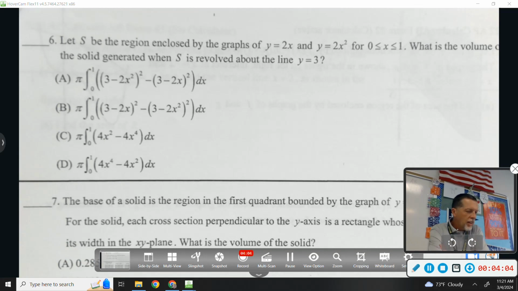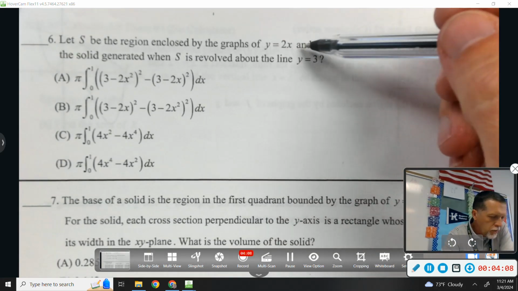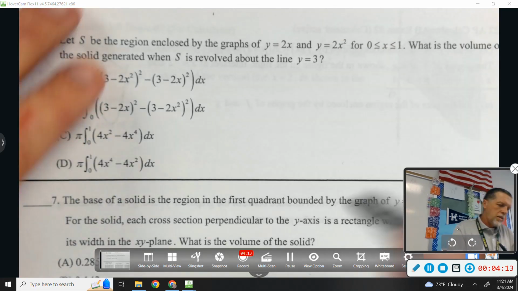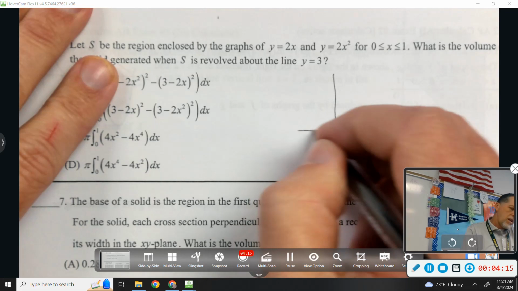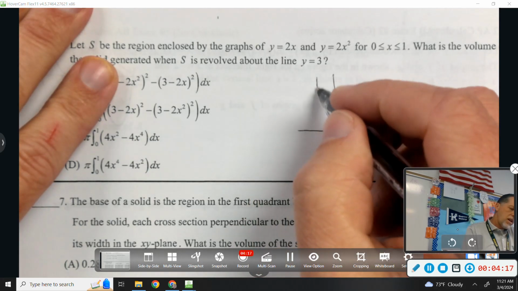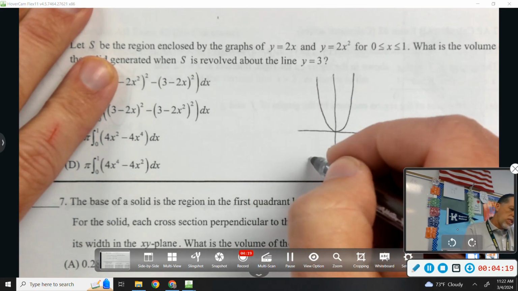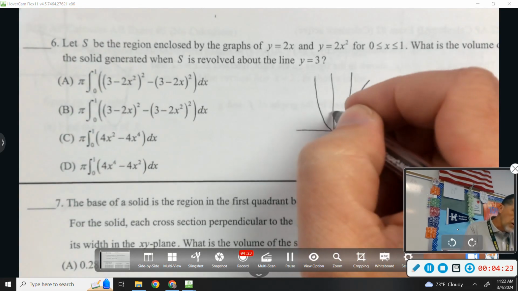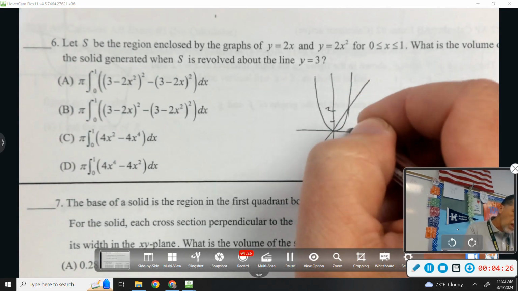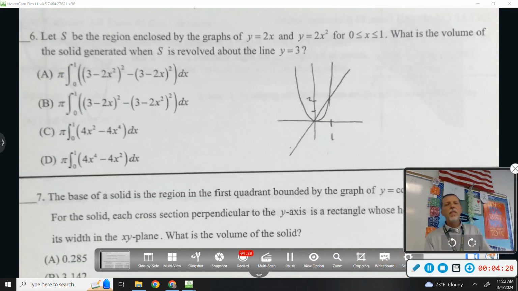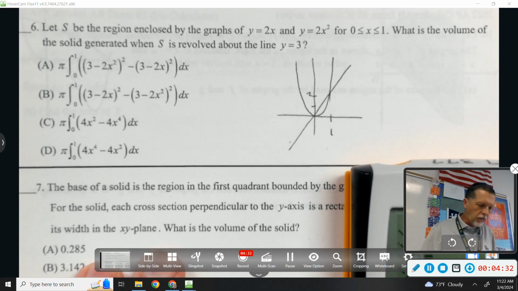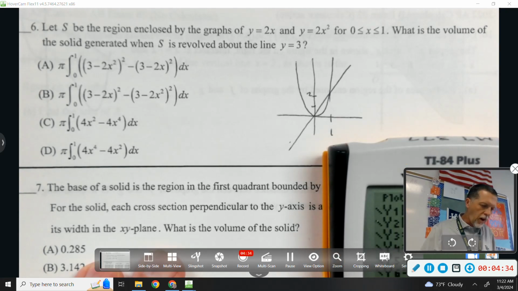Number 6. Let S be the region enclosed by the graphs of y equals 2x and y equals 2x squared from 0 to 1. All right, I can certainly look at a graph to make sure, but that's what the graph looks like, although you have a calculator, so if you didn't know that, you could still graph it and find out.